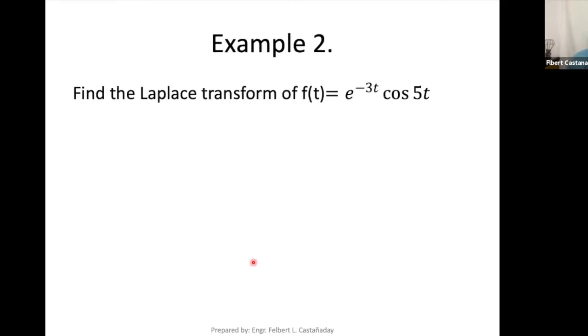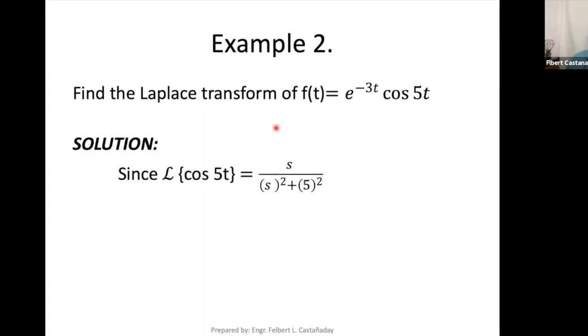So find the Laplace transform of f of t equal to e raised to negative 3t times cosine of 5t. As you can see, you have an exponential function here. Instead of using the definition, we will directly use the formula. So Laplace of cosine 5t, remember that it is s over s squared plus b squared. What is b? b is 5, so we have 5 squared here.